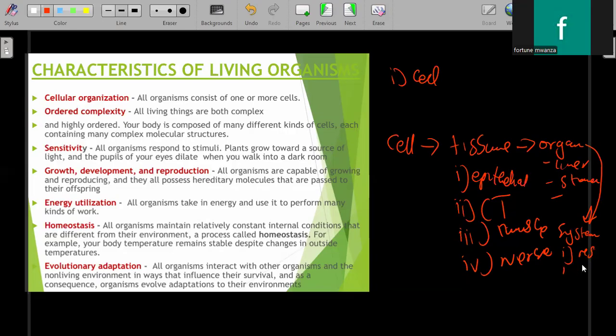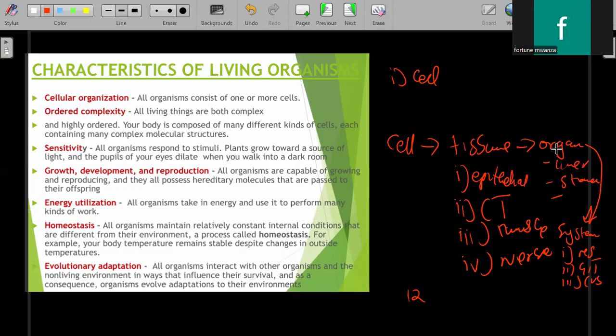You can have the GIT, which is the digestive system. You can have the CVS, which is the cardiovascular system. There are about 12 systems you're going to have, and the functions of those systems are performed by different organs.